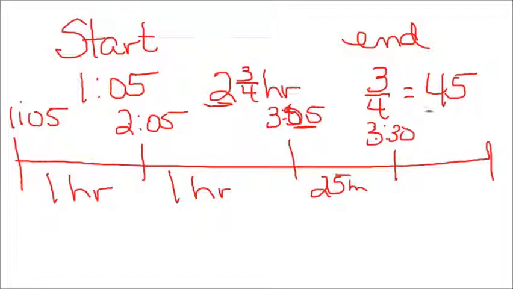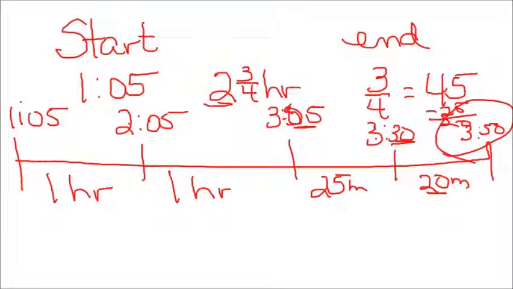So now I can subtract that 25 minutes from 45. That's 0. And 4 minus 2 is 2. So that I just need 20 more minutes. So now all I have to do is add 20 minutes. And 3:30 plus 20 minutes makes 3:50. And it's easy to work. So my end time then, it's kind of messy on my paper here, but my end time is 3:50.